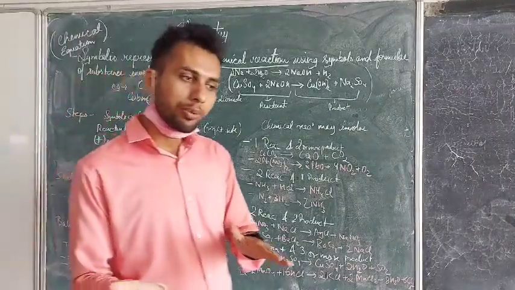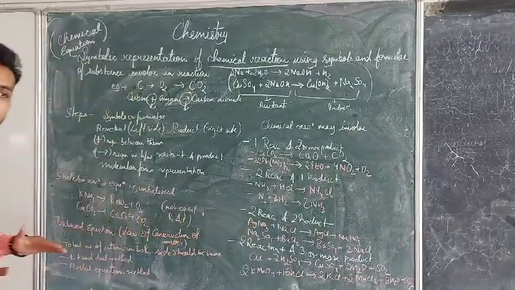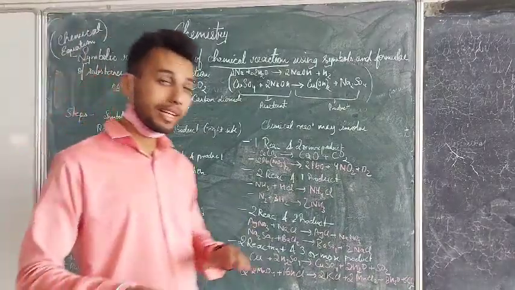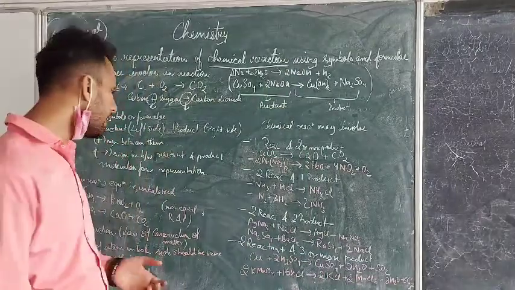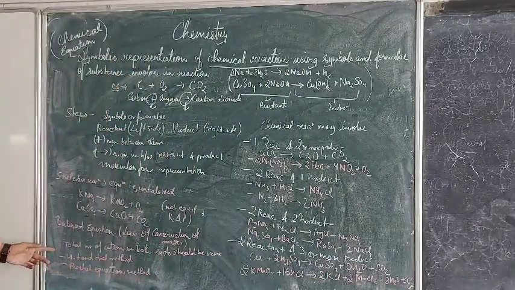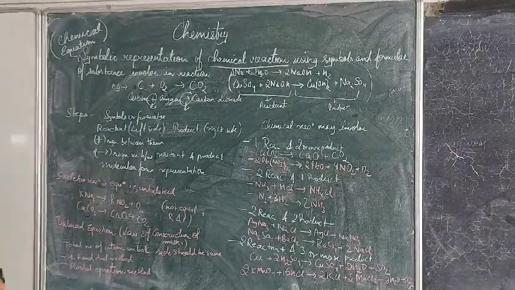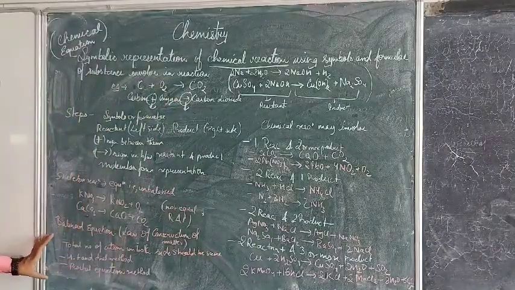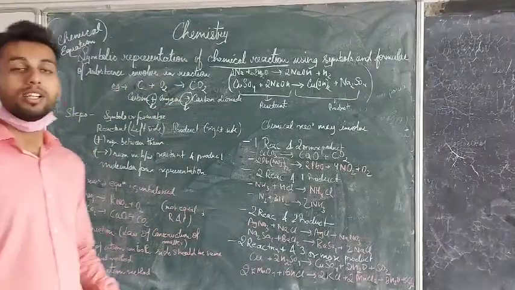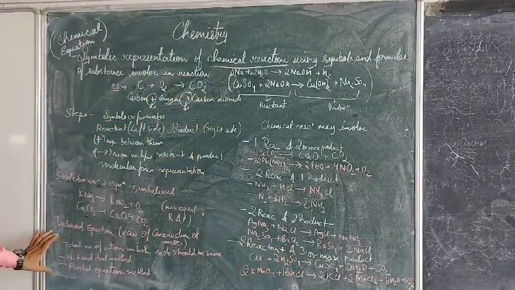The total number of atoms on the product side and on the reactant side will be the same, and if they are not similar, then we will balance it according to a technique. We will study two techniques, the hit and trial method and the partial equation method. But I will not teach it today in this lecture. I will teach it in detail with all examples, so that you can practice.